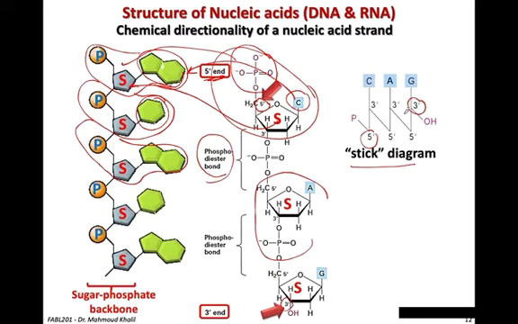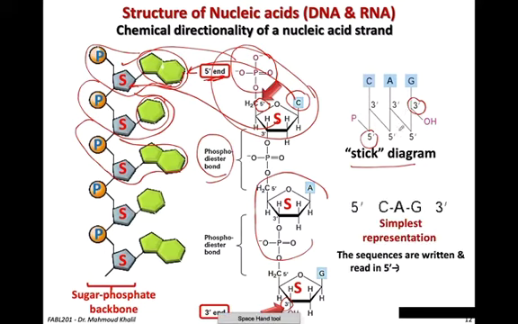For an extra layer of simplicity, scientists decided to write DNA in its simplest representation, which is always written in the direction from 5' to 3'. So now the order of the nucleotides will be CAG, as you can see.